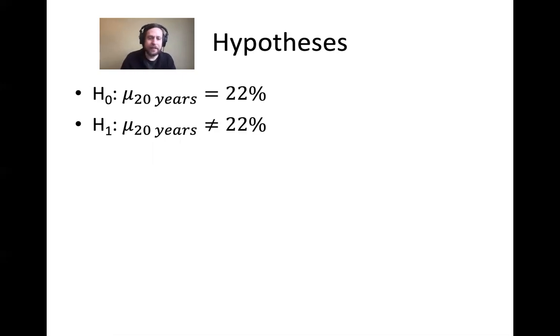One possibility is that the mean is greater than 22%. That's one tail. The other is that the mean is less than 22%. Does not equal means the number could be either greater than or less than, and so whenever you see does not equal, that implies two tails.